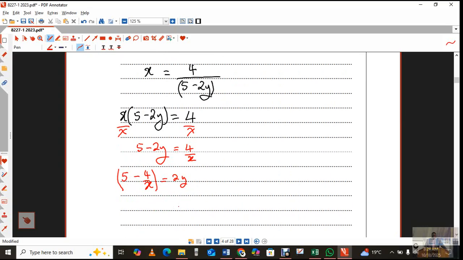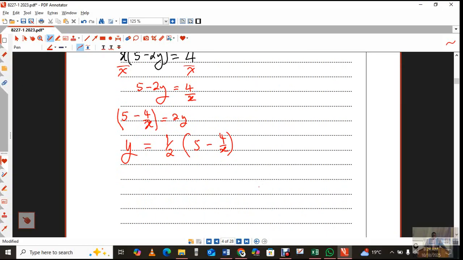Dividing by 2 is the same as multiplying by a half, so y is equal to 1 over 2 and then 5 minus 4 over x. We can just distribute that over. Then y is equal to 5 over 2 minus 4 over 2x.